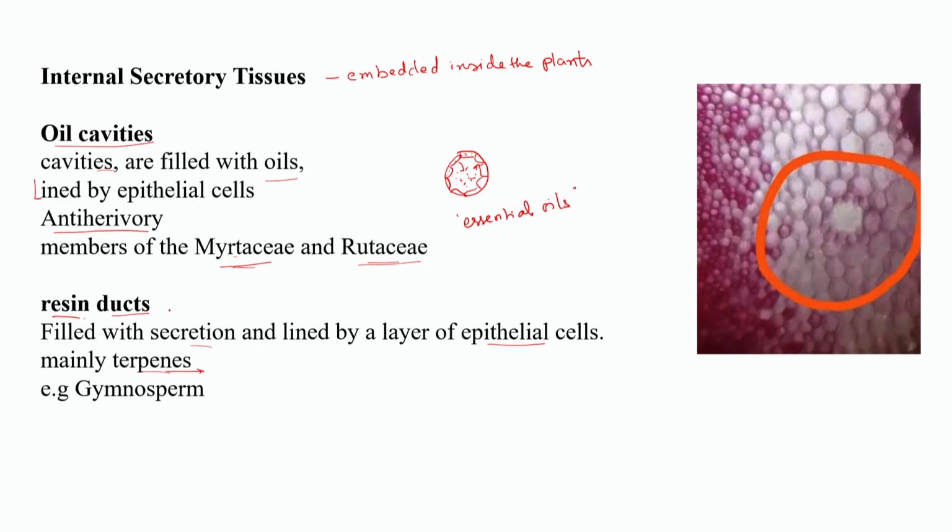These types of ducts can be found in the cortex, in primary and secondary phloem, as well as in the pith, and also in the secondary xylem of stems and roots.